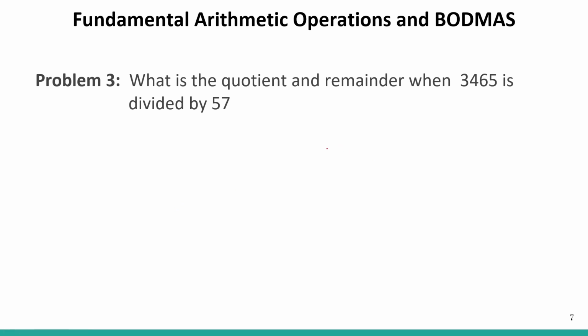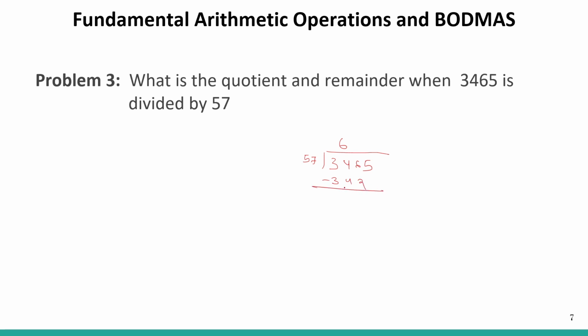So let's do this one. What is the quotient and remainder when 3465 is divided by 57? So we have 3465 and we want to divide by 57. This will be into 6, so 342.